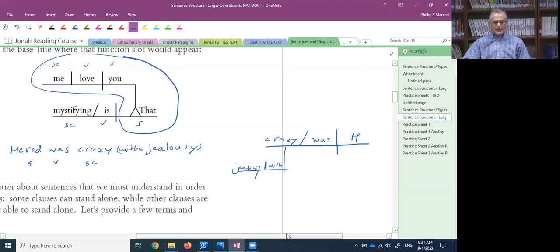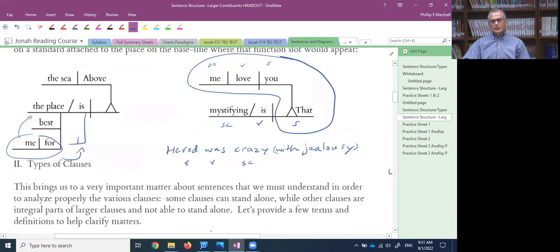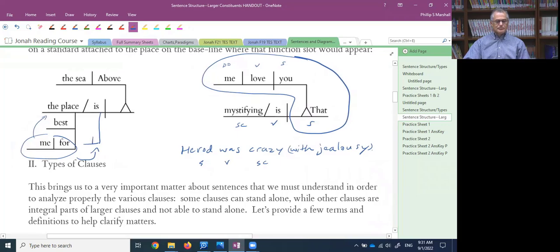Now, it is a judgment call sometimes. Sometimes it is a little bit difficult to know with a copular verb, whereas with an action verb, like a real transitive or intransitive verb, sometimes it's a lot clearer and a lot easier. So let's say I dropped the word "best" and I said, "Above the sea is the place for me."